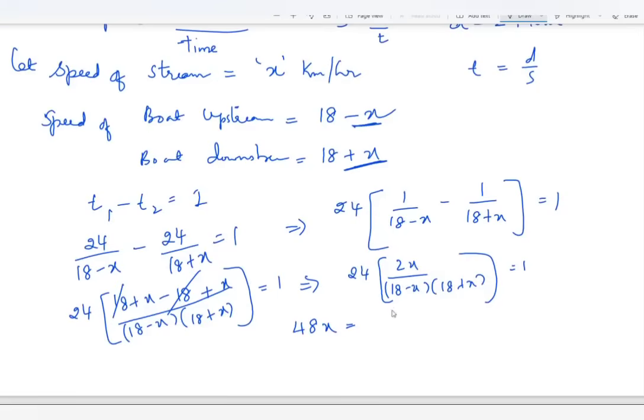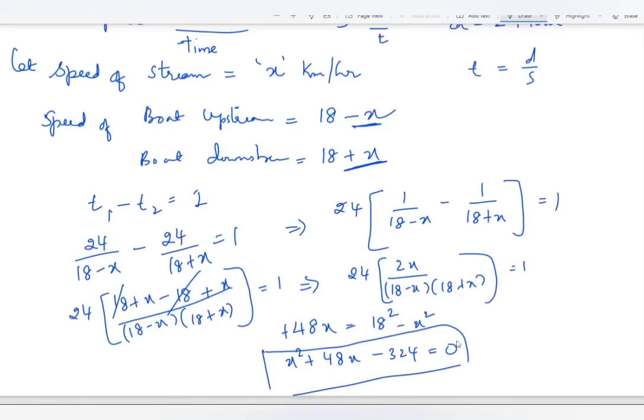It is of the form a plus b, a minus b, which we can write as a square minus b square, that is 18 square minus x square. Now shift all the terms: x square plus 48x, 18 square is 324, so minus 324 equals 0.